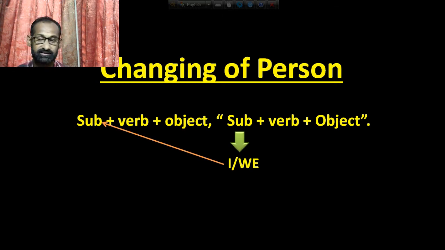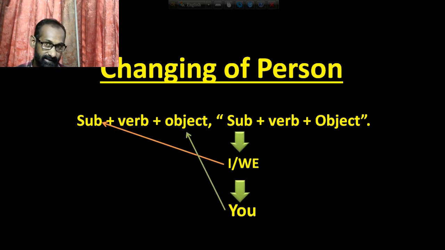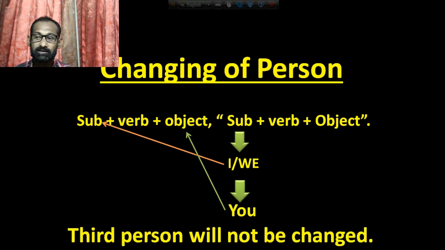Next, the second person you of reported speech will be the object of the reporting verb. And the third person will not be changed. That means there will be no change in third person. That completes the changing of person.